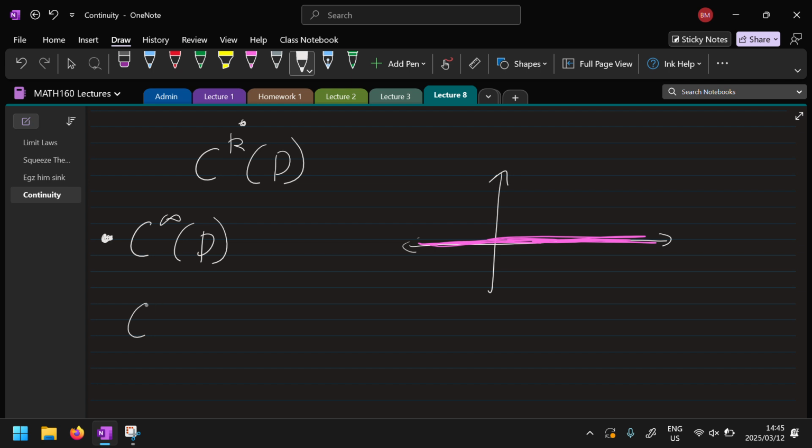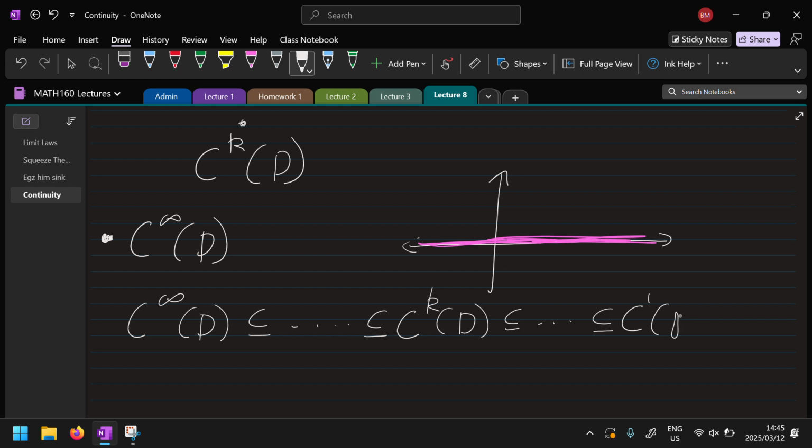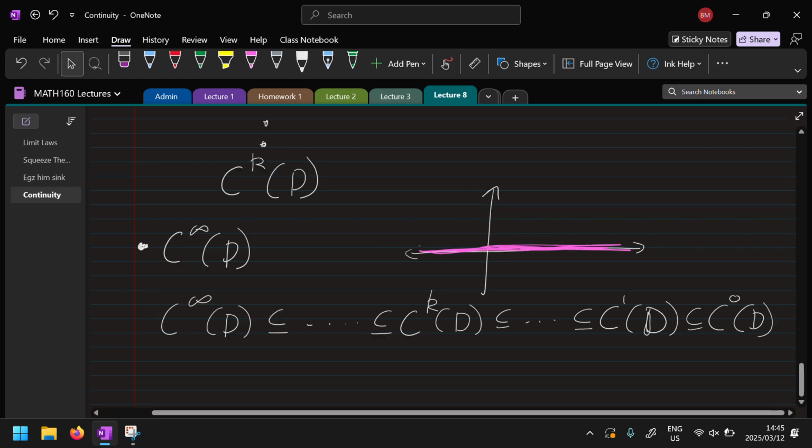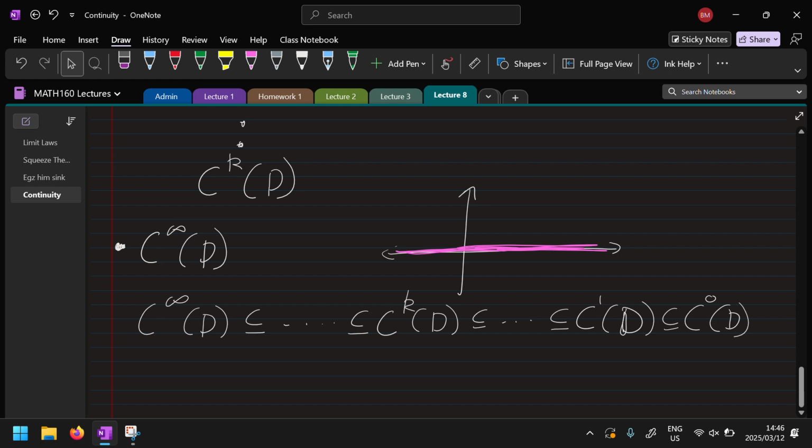So we've got C infinity as a subset of Ck, subset of C1, subset of C0. Okay, this we will be using next year. Okay, this bit here. Okay, any questions on what we covered today?